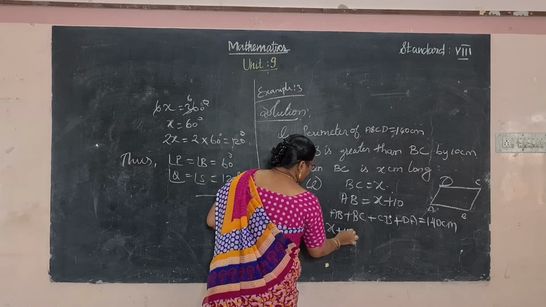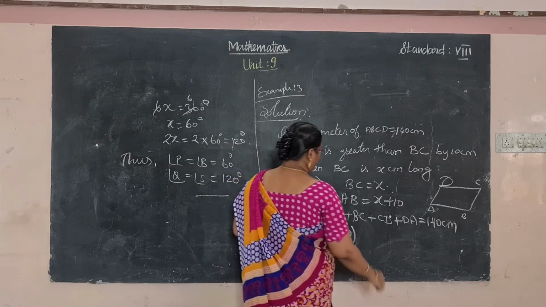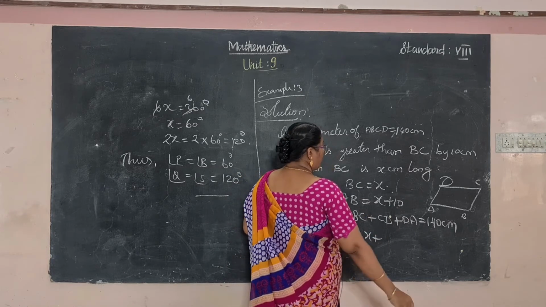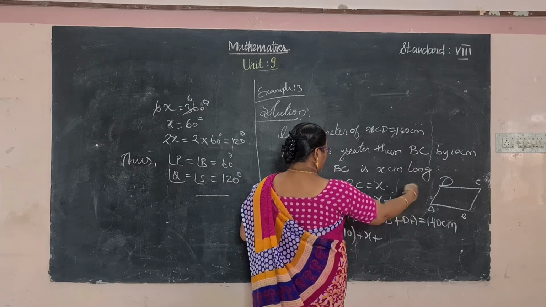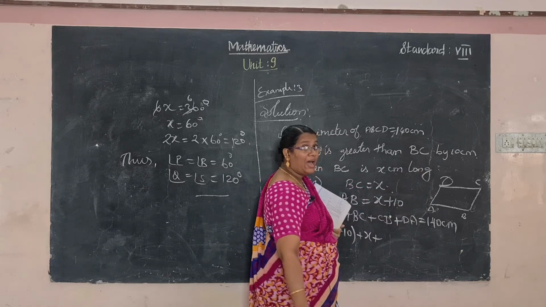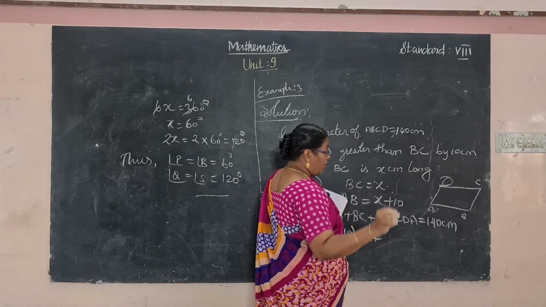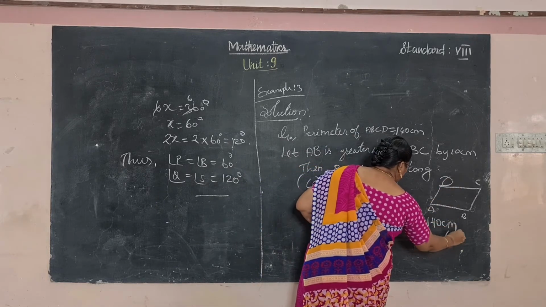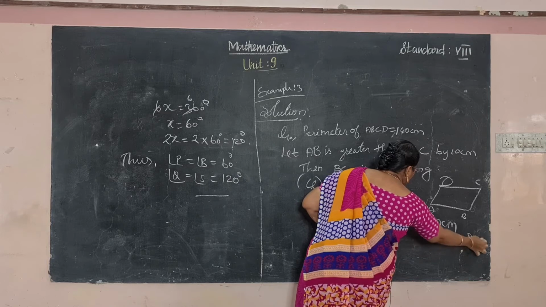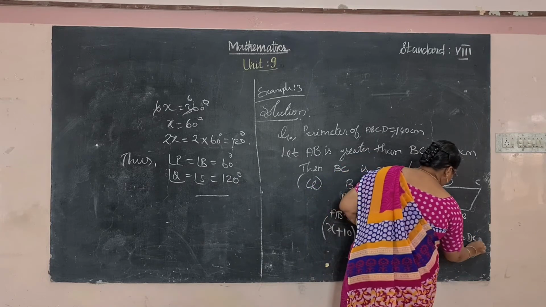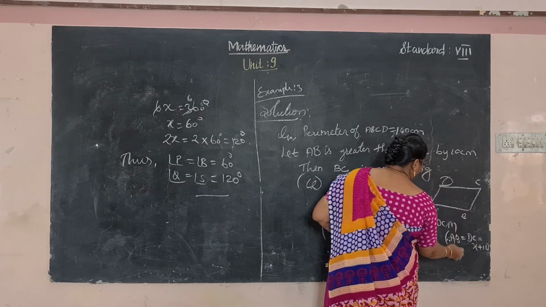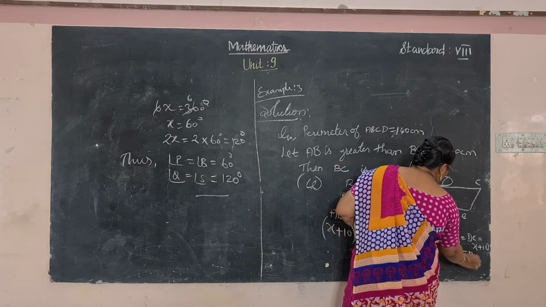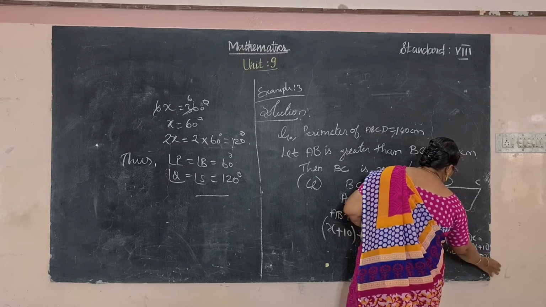So what is the value of AB? x plus 10. And then BC value was x. What is the CD value? Opposite sides are parallel and equal in a parallelogram. So AB is equal to DC, so the value was x plus 10, and BC is equal to AD equal to x.